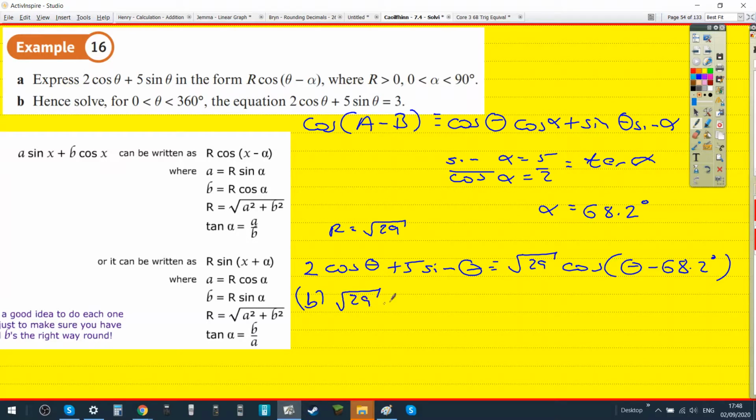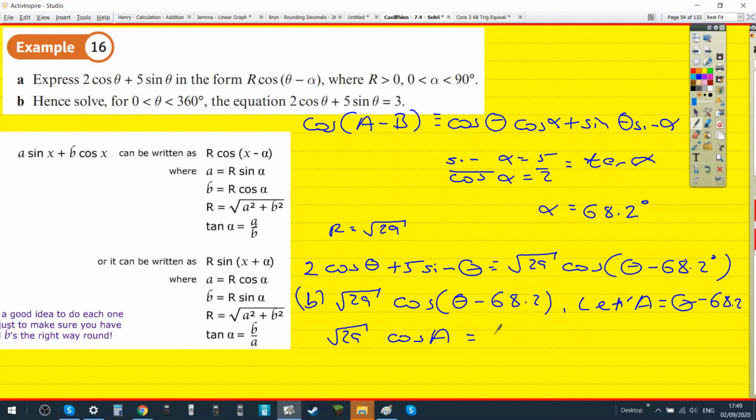If we let A equal theta minus 68.2, then we have root 29 cos A is equal to 3. So if we divide both sides by root 29, that's complicated, I'm happy to leave it as 3 over root 29.